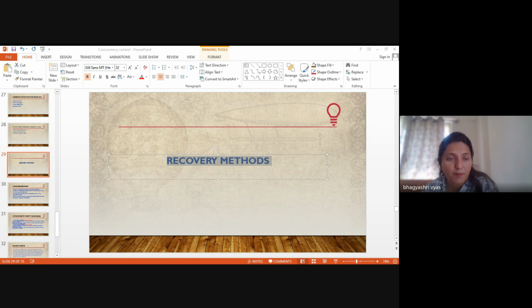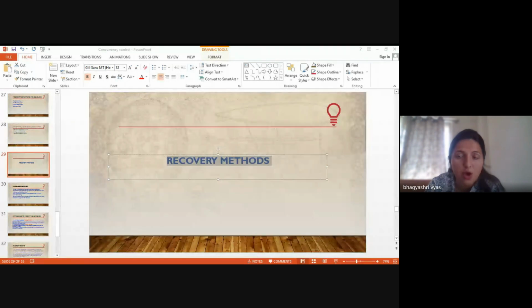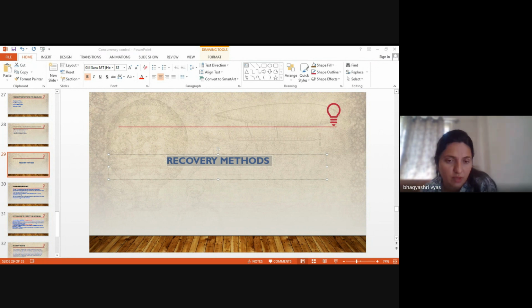So basically, what is recovery? If we are talking about database, so what is data recovery? Okay, so data recovery is the process of restoring the lost data, or we are dealing with the corrupted data. Okay, maybe we can deal with the accidentally deleted data. So there are some recovery methods for these problems we need to deal with.